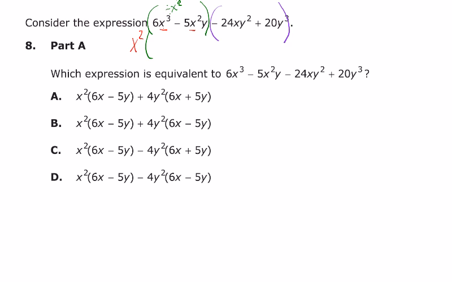And then 6 just stays the same because there's no numbers that we're dividing by. So it'd be 6x, right? And just to double check, if you multiplied x squared times 6x, you would get 6x cubed, right? So that works.